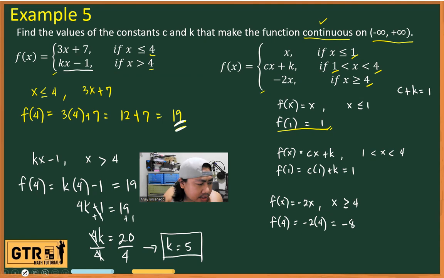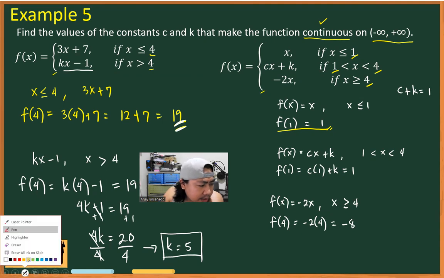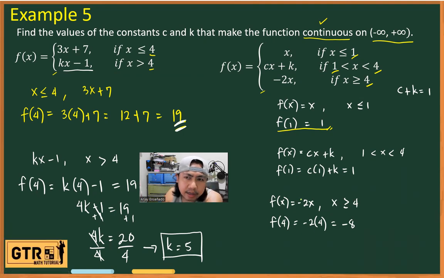Okay? So now, so that the function will be continuous, we will solve again from the second part, cx plus k. We will substitute f of 4 and then it should be equal to negative 8. Okay? So substitute ulit natin f of 4 and then equal to negative 8.